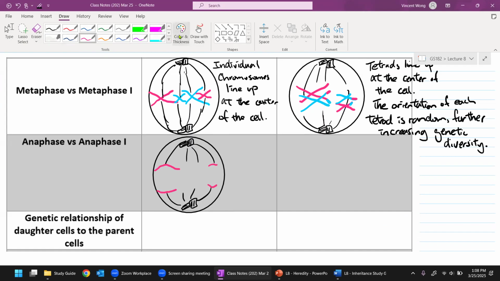Okay, so there we go. We're going to separate them. Sister chromatids separated from each other.